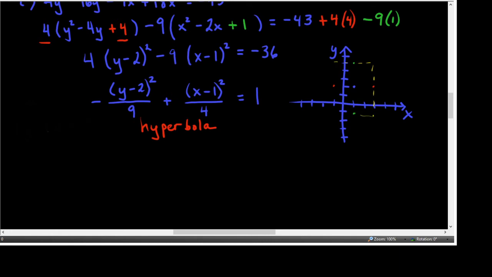That uses those 4 points as the midpoints of the sides of my box. Then I'm going to draw the diagonal, or diagonals, as dotted lines. These, of course, are my asymptotes. And because x is the variable in the positive fraction, I will open to the right and to the left.